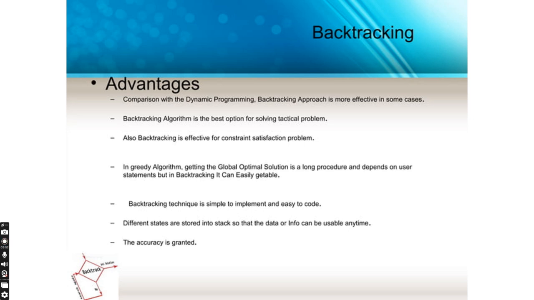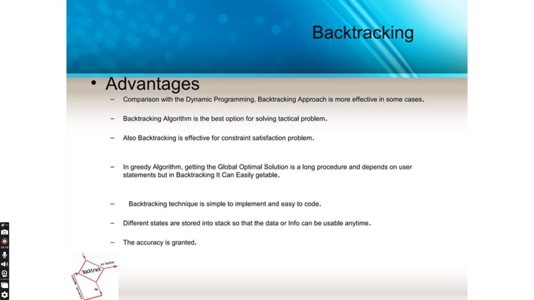The advantage of backtracking in comparison with dynamic programming is that the backtracking approach is more effective. Backtracking is the best option for solving tactical problems. Also backtracking is effective for constraint satisfaction problems. And in a greedy algorithm, getting the global optimum solution is a long procedure and depends on user statements.